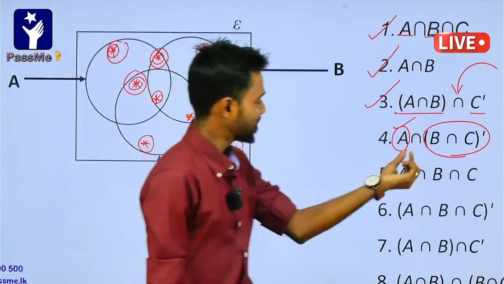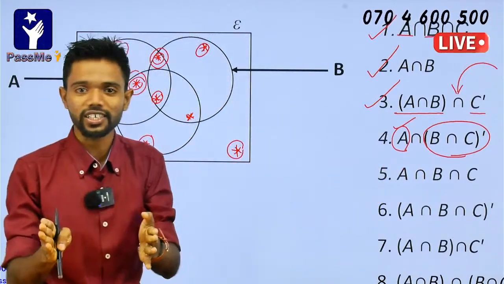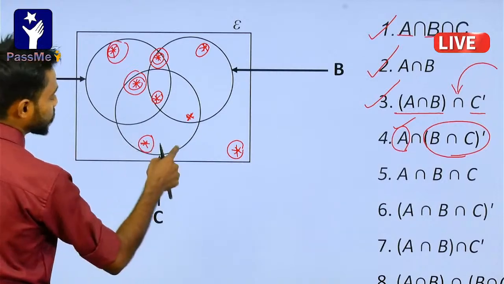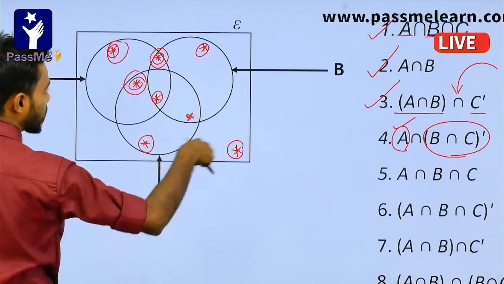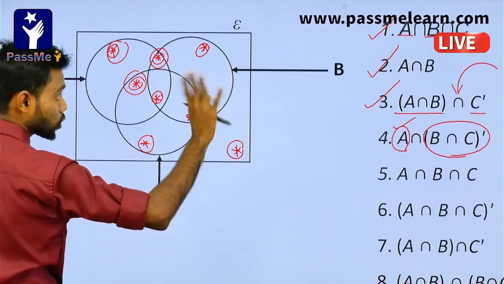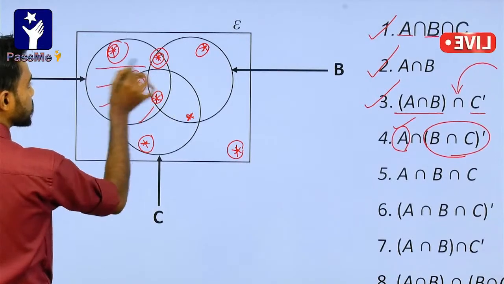Okay, now look at this one. The final answer is, if there are two circles, those are the final answer. That means you can see these circles, there are 1 2 3 4 5 stars without 2. This is the answer.